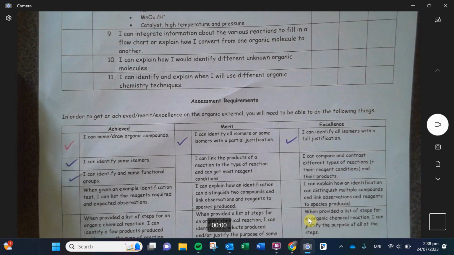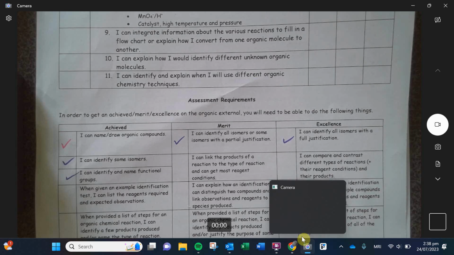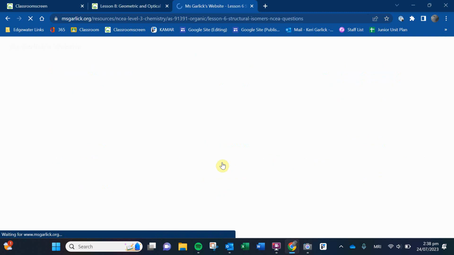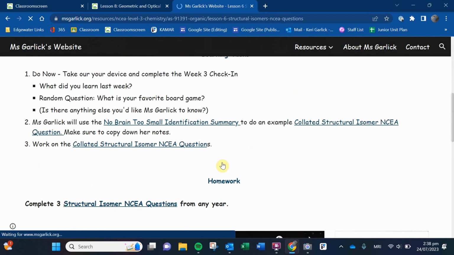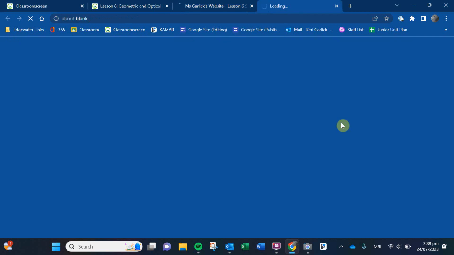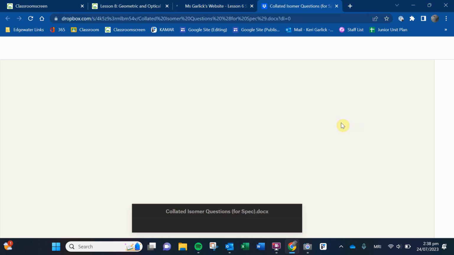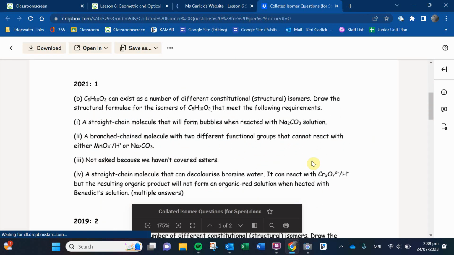Let me show you what they mean by this question, so that you know what you're looking for. If you remember back when we did this last term, very early in last term, there were these collated questions about structural isomers that I gave you. I did adapt them.